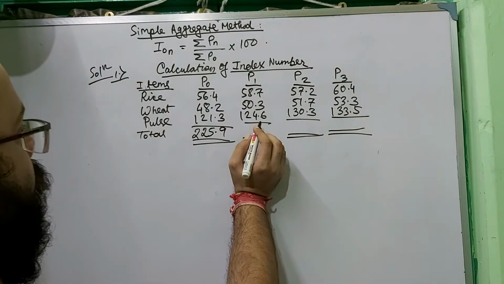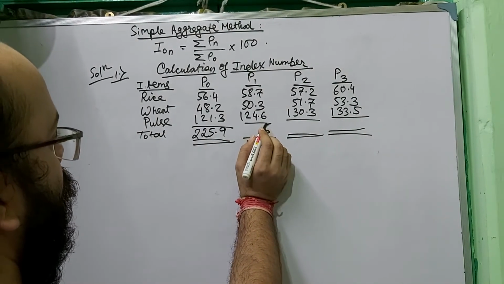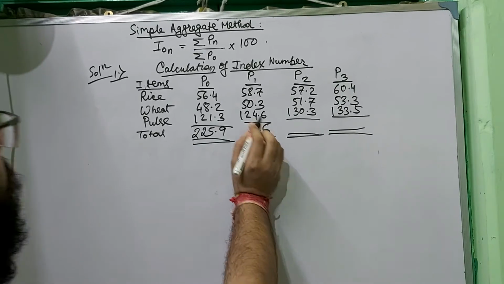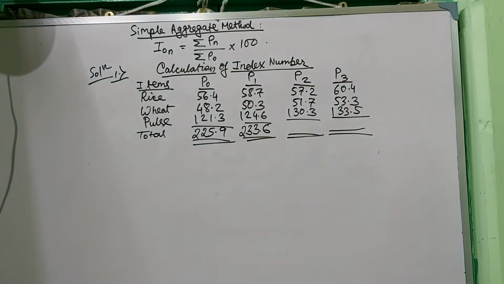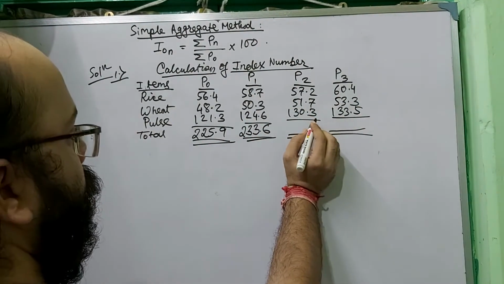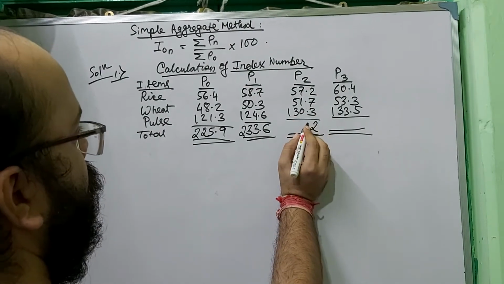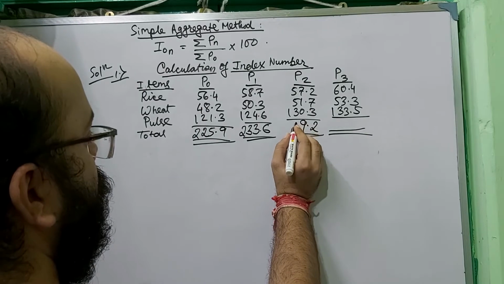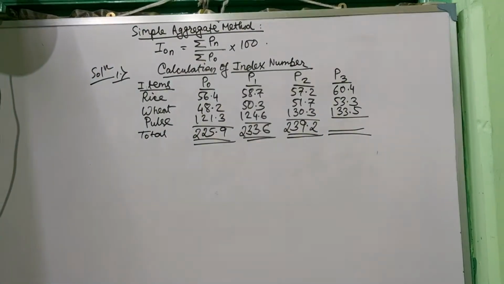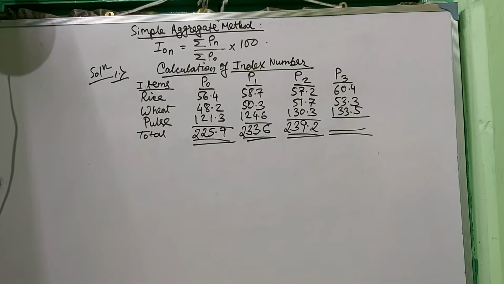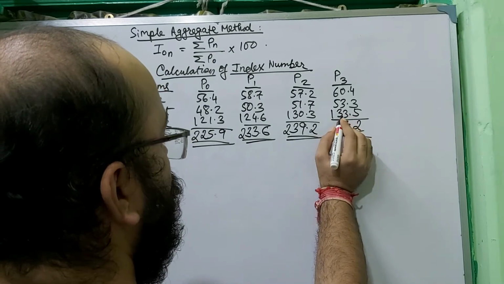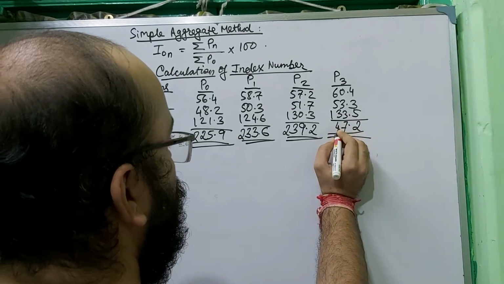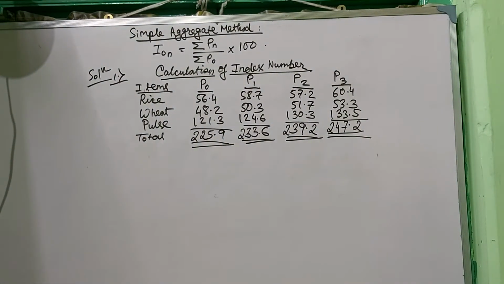Next one is 233.6, this is 239.2, and the last one is 247.2. Right? Now you have to calculate the simple aggregate method.